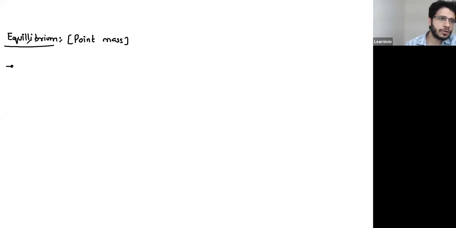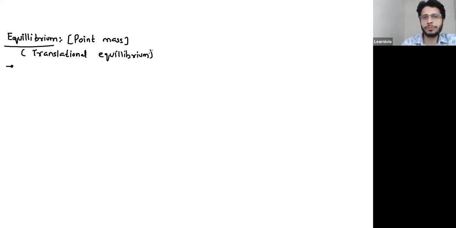I am considering only translational equilibrium. Translational motion means straight line motion. Right now, I am not considering rotation. I'm not considering the motion of a fan. Fan is rotating. I'm just considering straight line motion. Straight line motion is known as translation.